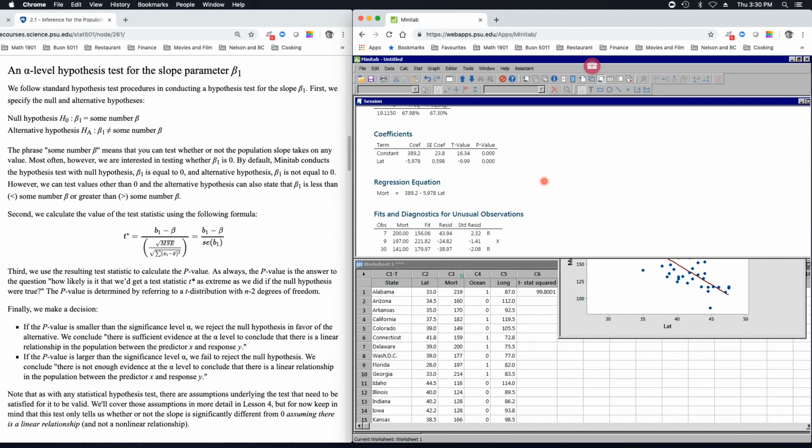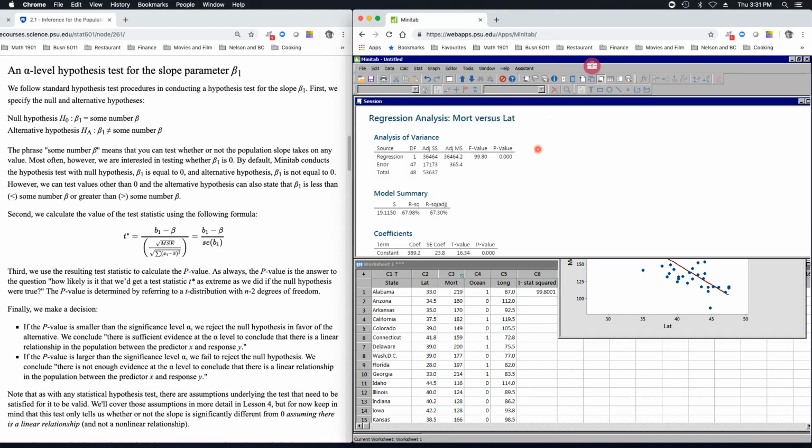It's a little hard to tell in this example because they're both 0 to 3 decimal places, but you'll see in other examples that these two numbers are always exactly the same. So those are some things to take account of when you're doing a hypothesis test for the slope parameter beta 1 in simple linear regression.